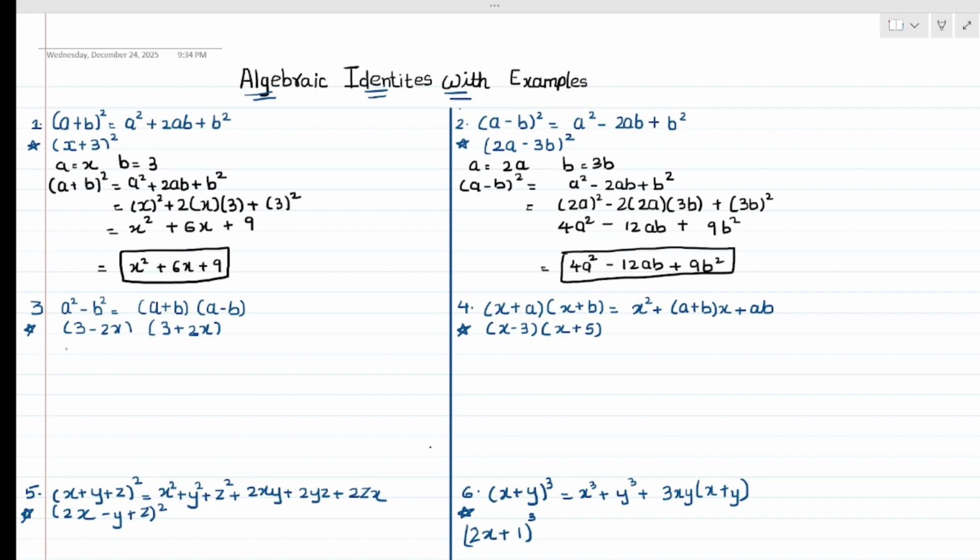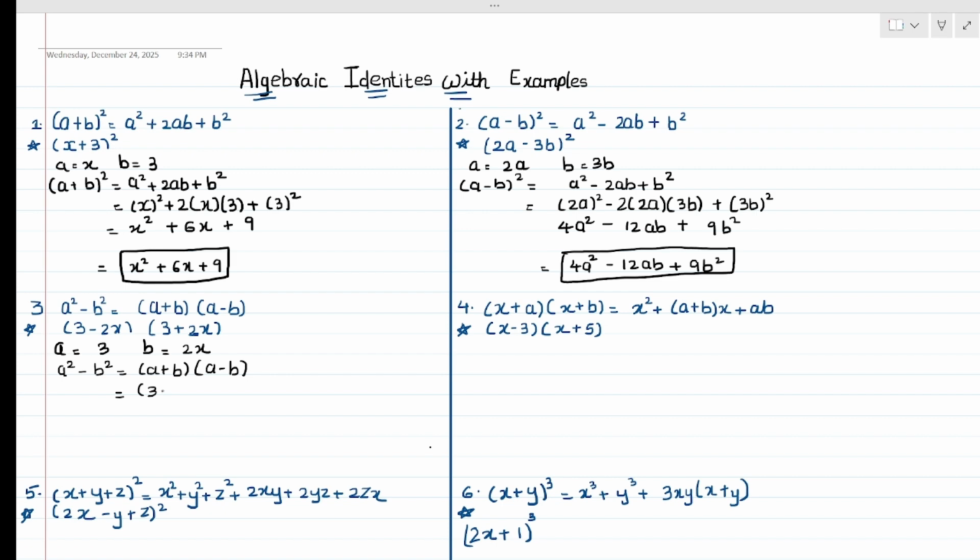So let's first write what is a. In our case, our a is 3, and our b is 2x. Next step, write your identity. What's your identity? a square minus b square is equal to (a plus b) and (a minus b). So in our case, what is our a plus b and a minus b?